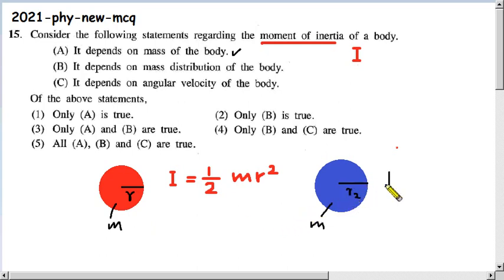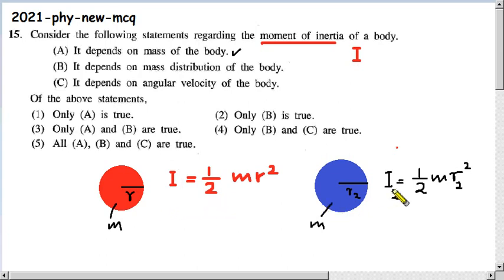So now the moment of inertia I2 is equal to half times the same m but different radius, r2 squared. So we get a different value for moment of inertia than the first value.